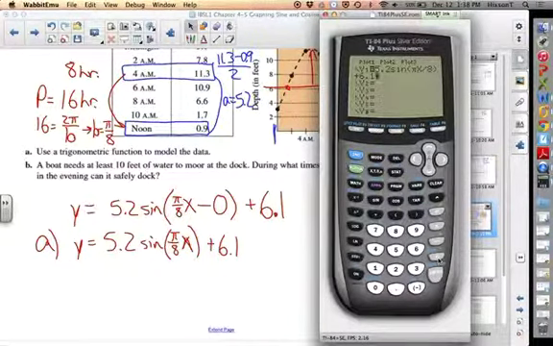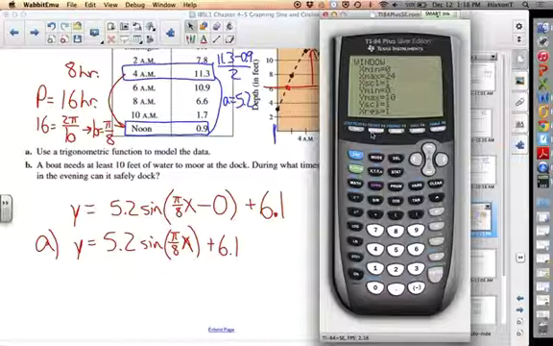Oh, that didn't work. Now, if we want to look at a full day, what should we set our window at? 0 to 24, right? Before you graph it and see it doesn't work real well, think, okay? We're going to go from 0 to 24. That'll give us a full day. Our y min, I'm going to set at 0 because obviously you can't have a negative amount of water.